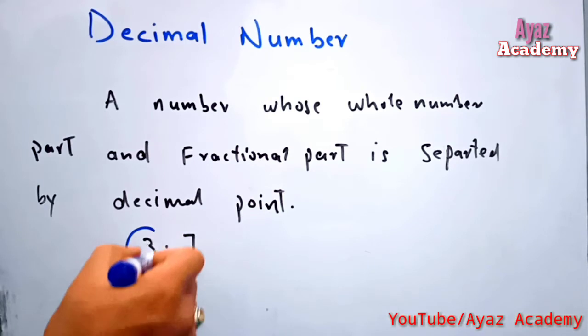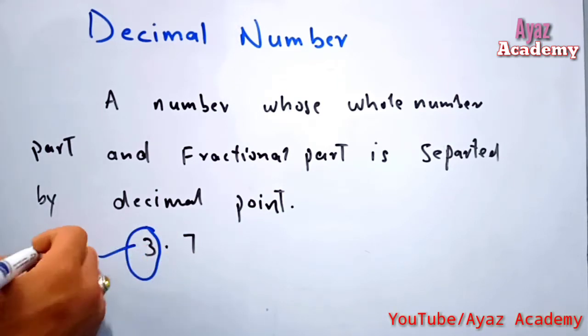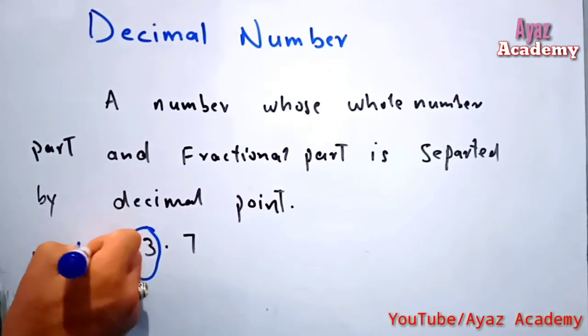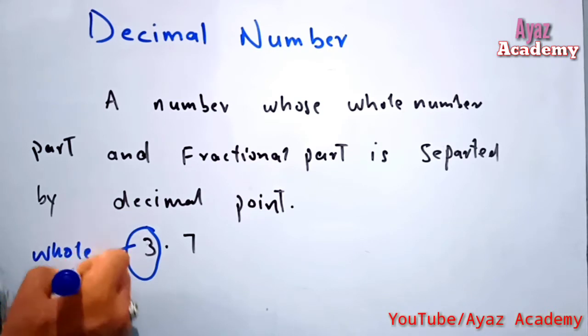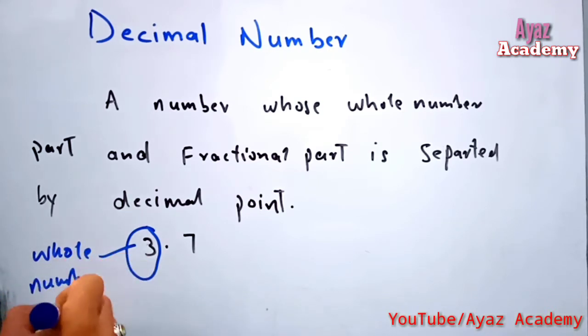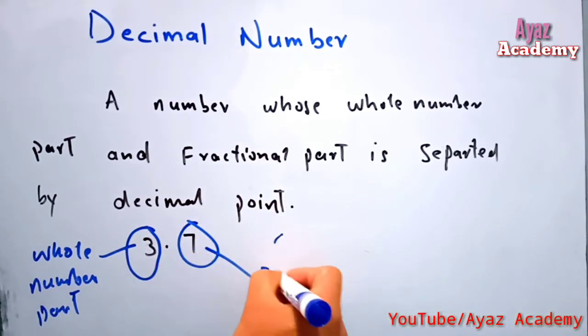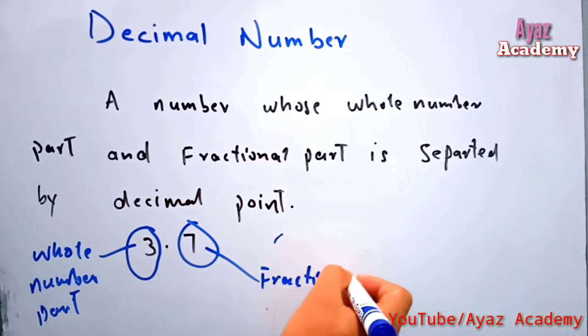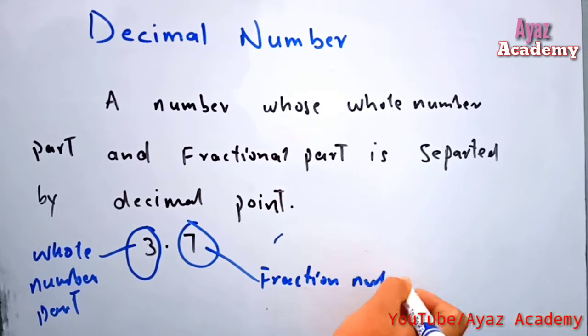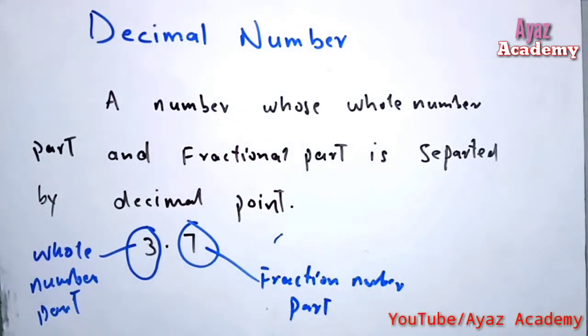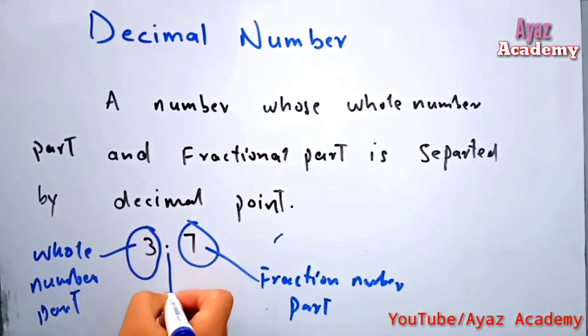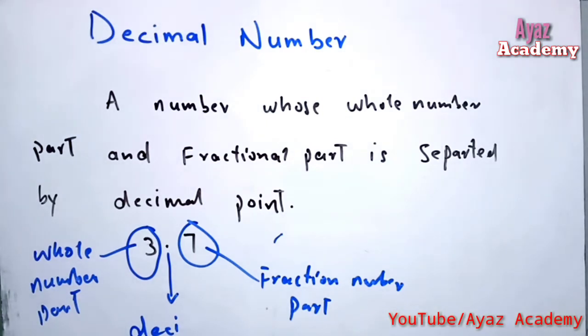This part is called the whole number part, and this part is called the fractional number part, and the dot is called the decimal point.